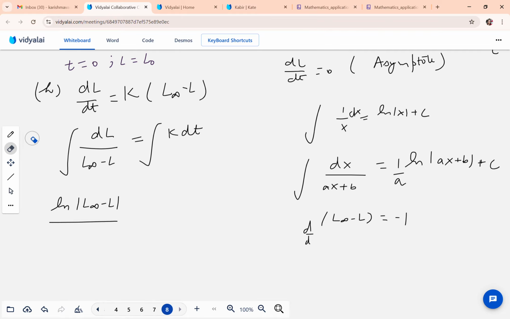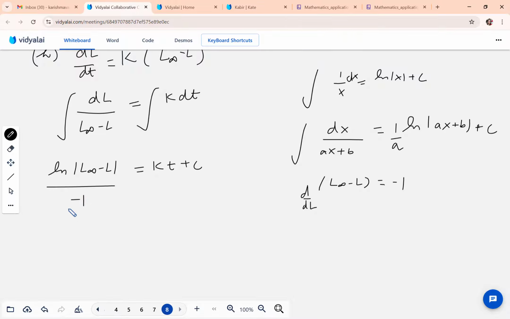So we divide by minus 1, equal to k times t plus c. This is what we get after integration. Now I can shift this negative sign to the other side to make it easy to simplify. ln mod (L infinity minus L) is equal to minus kt plus c.